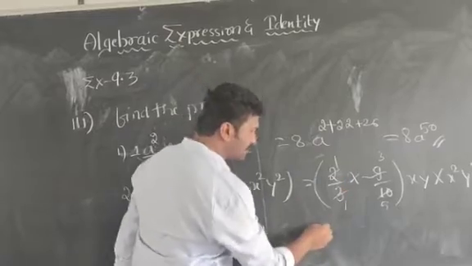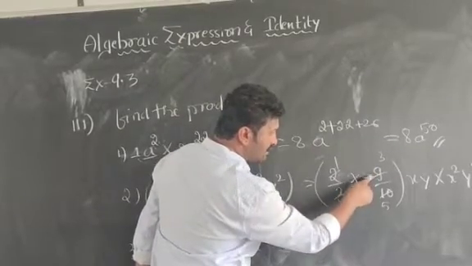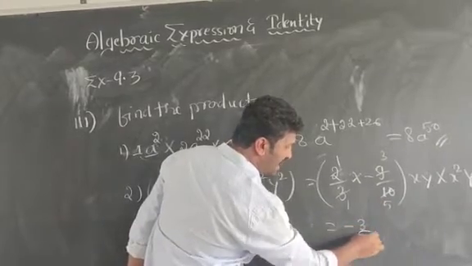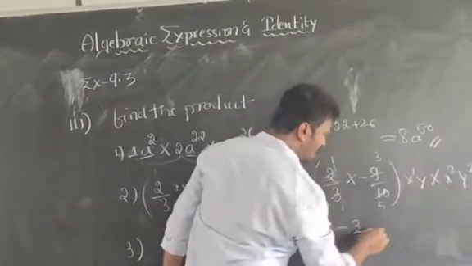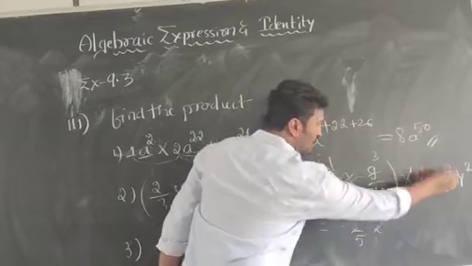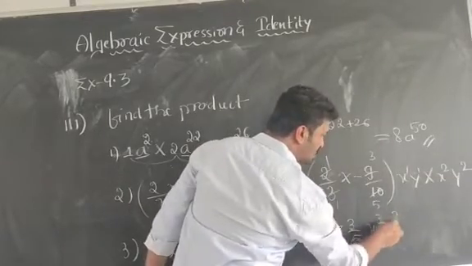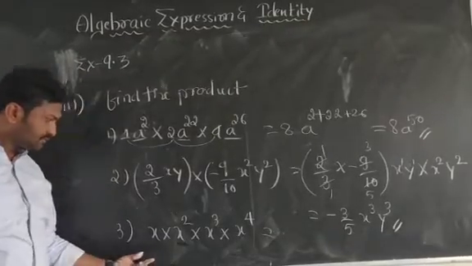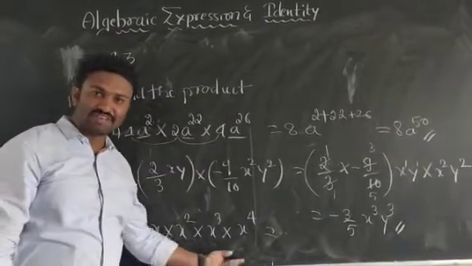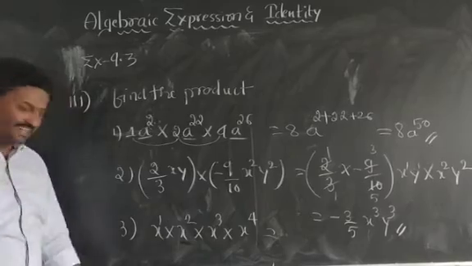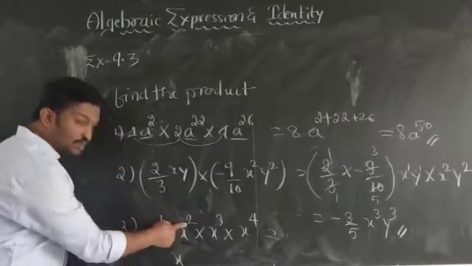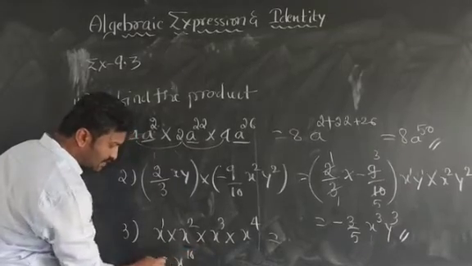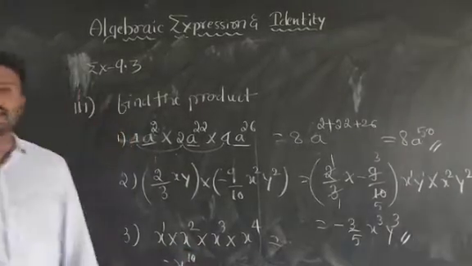Okay, this is possible. And what remains? Minus remains, here 3, here 5: minus 3 by 5. Here 1x, here 2x, x raised to 3. Here 1y, here 2y, y raised to 3. This is the answer. And here one more example. Just apply the first law of exponent: x raised to 1 plus 2, 3, 3 plus 3, 6, 6 plus 4, 10. Then x raised to 10 is the answer.